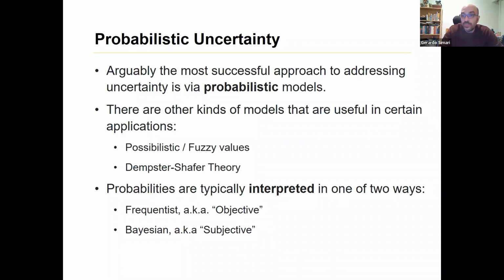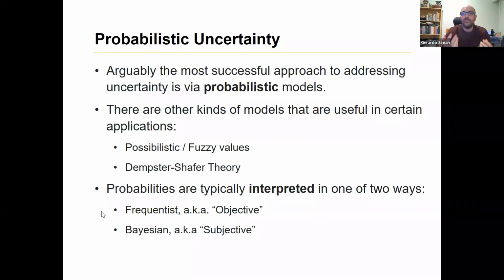And another philosophical thing, and I promise that's the last one. Probabilities are typically interpreted in one of two ways, and sometimes people just don't even say. It's either obvious or it could go either way. The first one is frequentist, or also called objective, again in quotes, because this camp says that probabilities are tied to experience.